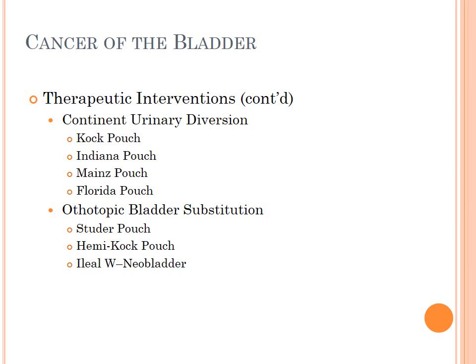And C is a different type of urinary diversion where the cecum forms a pouch, and the ureters from the kidney are inserted into this pouch, which exits out into the abdominal wall. A different type of continent diversion.